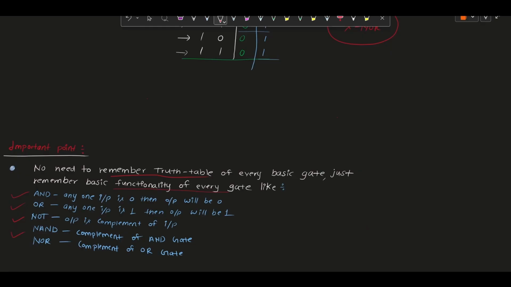And the NAND gate is nothing but the complement of the AND gate. So if we remember the AND gate functionality, then definitely we can write the NAND gate truth table. Similarly, the NOR gate is the complement of the OR gate. So if we remember the OR gate functionality and the basic structure of the truth table, then we can simply write the NOR gate truth table as well.